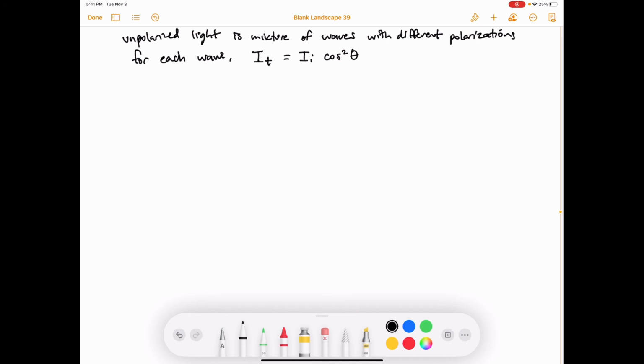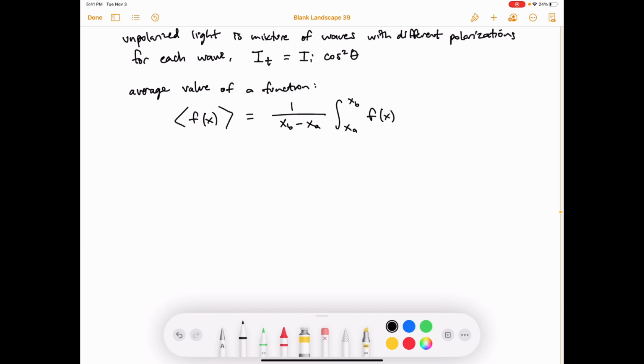So next, I'm going to bring up something from calculus. You may remember this from calculus 1: the average value of a function. We can calculate the average value of a function, let's call it f of x. The average is denoted by these brackets here. The average of f of x is equal to 1 over (x_b minus x_a) times the integral from x_a to x_b, those are the limits of integration, of f of x dx.